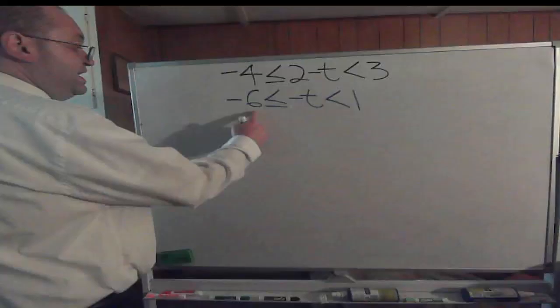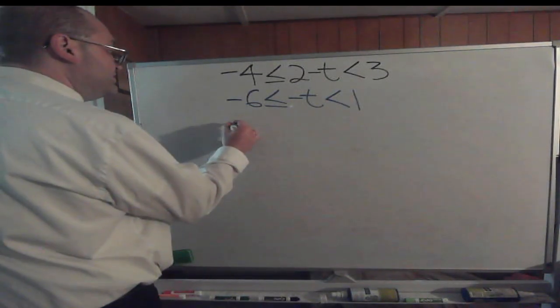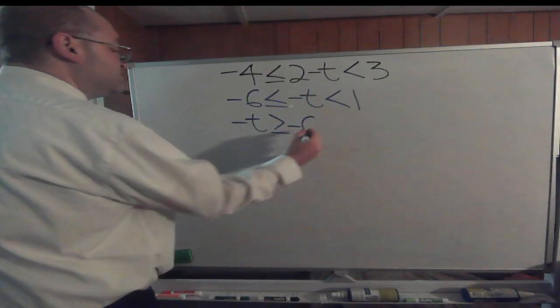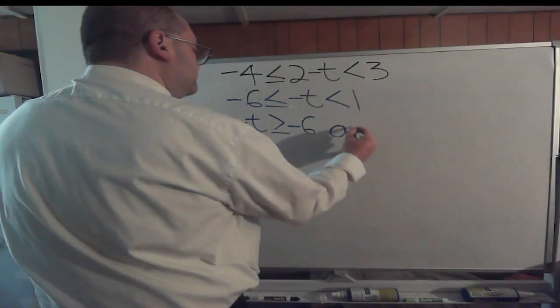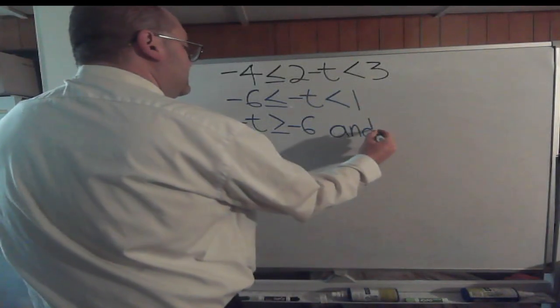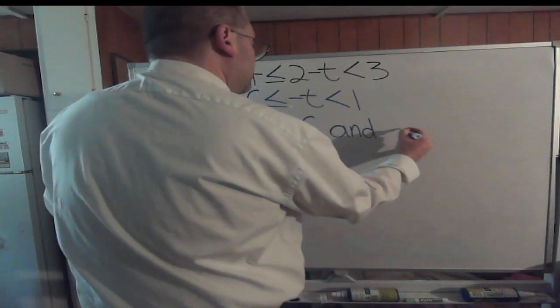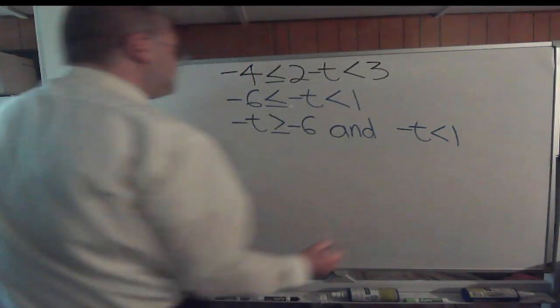That means since negative 6 is less than or equal to negative t, negative t has to be greater than or equal to negative 6, right? And then we would end up having negative t is less than 1.